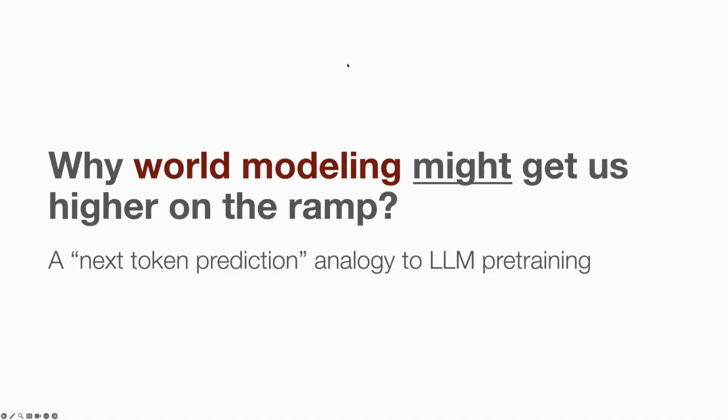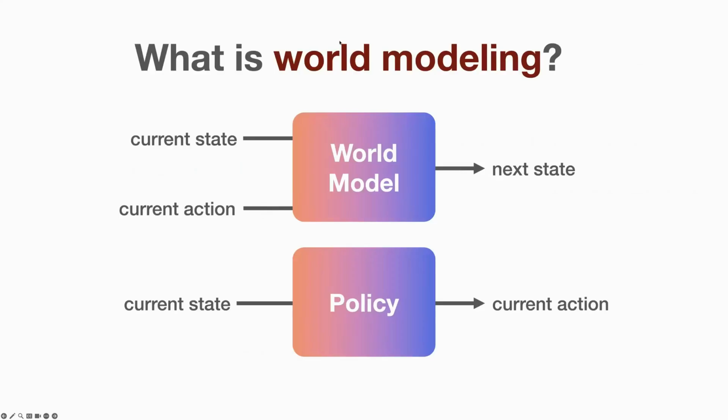So let me start with a few comparisons to why that's more similar to next token prediction compared to, let's say, LLM pre-training. First, let's define what world modeling really is, because I think this term is super overloaded right now.